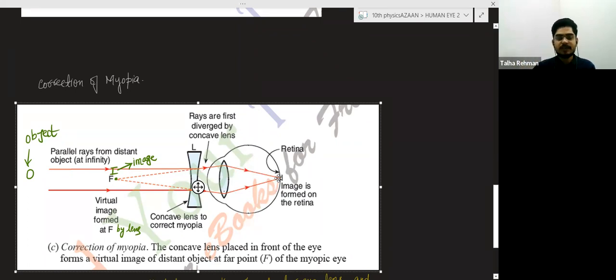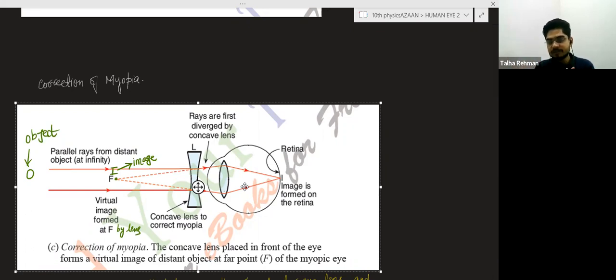So the condition is that the diverging lens, or the concave lens, should be placed in between the distant object and the myopic eye in such a way that the image of the distant object is formed at the far point of the myopic eye. If the image is at the far point of the myopic eye, that image will work as an object for the eye lens, and the eye lens is able to form the image on the retina.